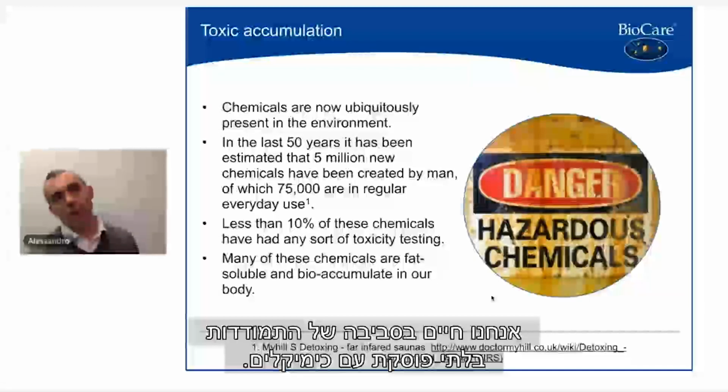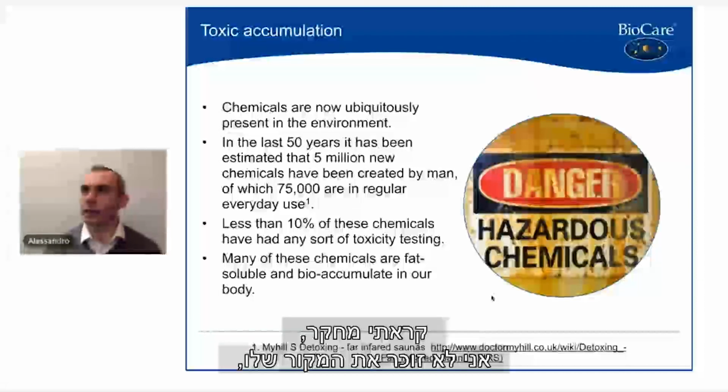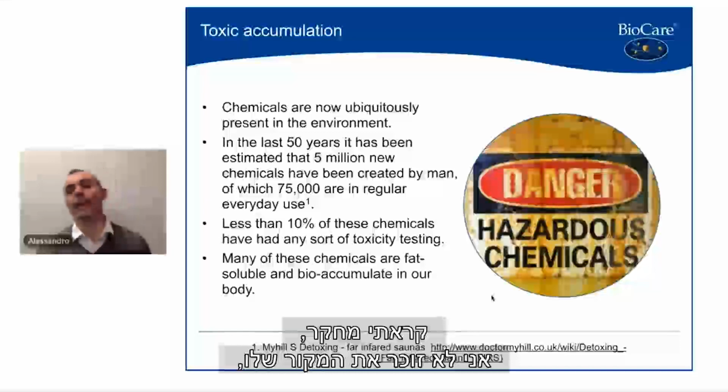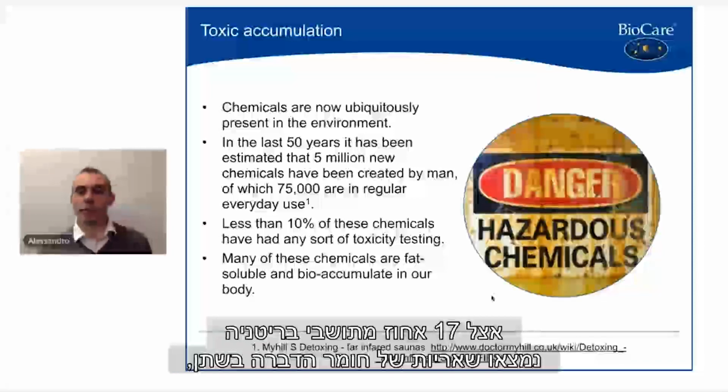We live in an environment where we are constantly challenged by chemicals. I was reading a piece of research, I can't remember the source off the top of my head, but I mentioned this in the last talk: 70% of UK residents would have Roundup residues in their urine.